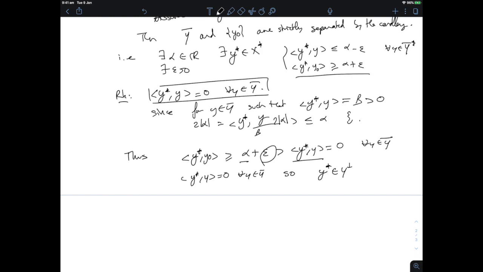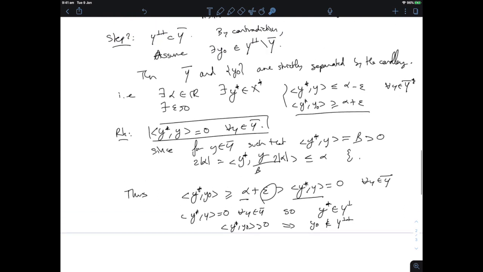So if y star y naught is strictly positive, and y star is in y perp, then y naught cannot be in y perp, because if it were in y perp, then this duality product should be 0, and it's not. So y naught is not in y perp, but I took it in y perp to start with. So this gives me my contradiction, and this concludes the proof.